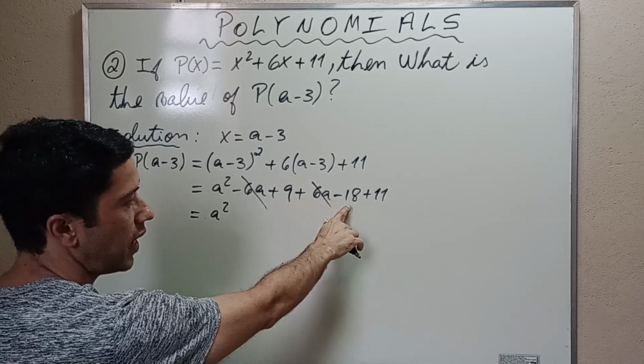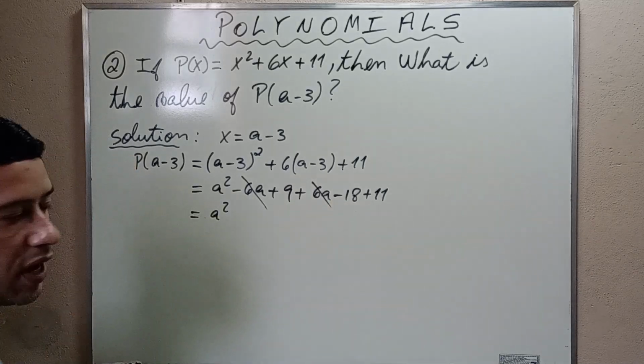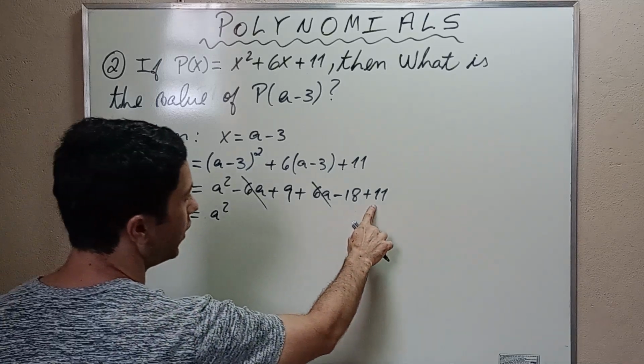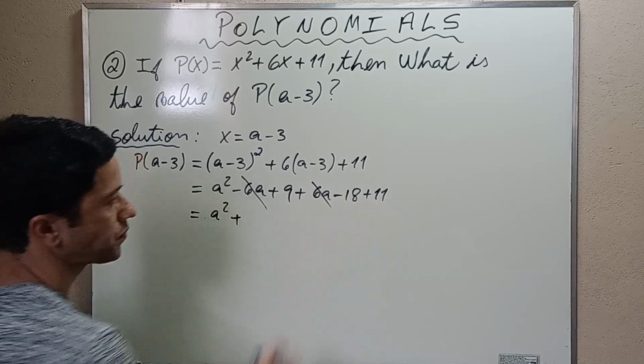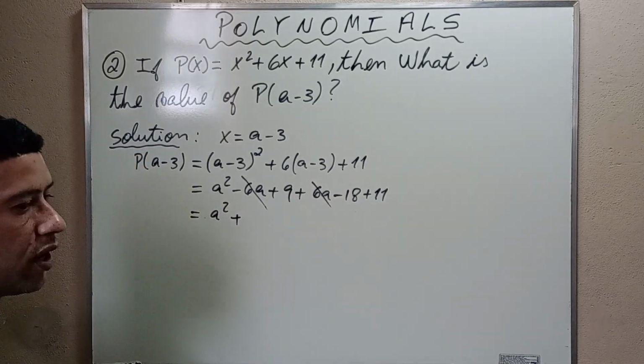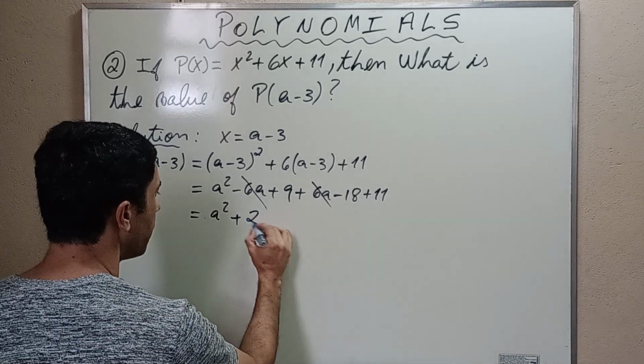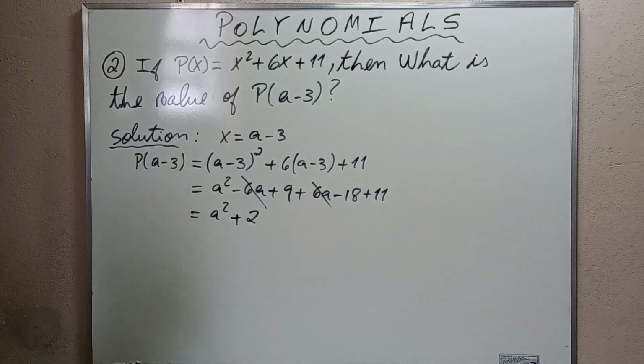Negative 9 plus 11. 11 minus 9 is positive 2. Okay? Then the solution of this exercise is a squared plus 2.